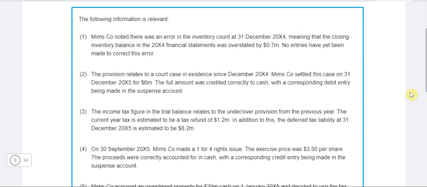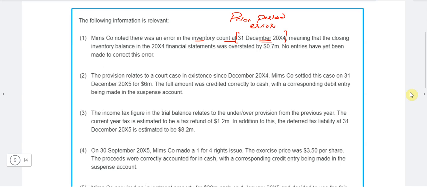So there was an error in the last year, which is known as a prior period error within IAS 8. And we know when there is an error, the standard states that this error should be adjusted retrospectively. Now, retrospectively means that you have to adjust the error so that it looks like it never ever occurred.